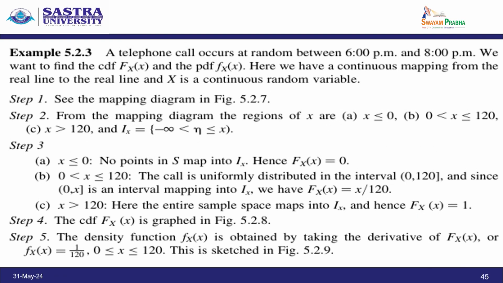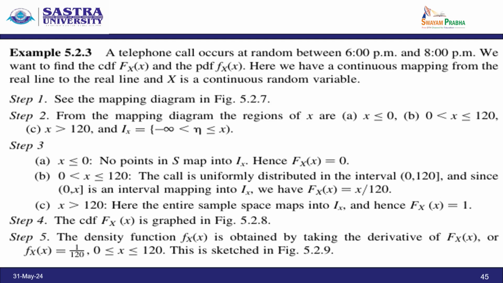So, another example: a telephone call occurs at random between 6 p.m. and 8 p.m. We have the cumulative distribution function and the probability density function. So, we have a continuous mapping from the real line to the real line; see the mapping diagram in the figure.